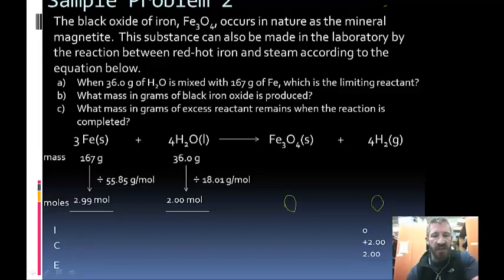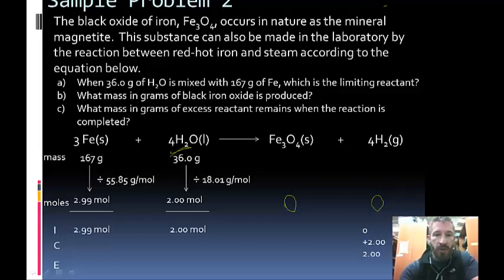Then let's fill out our RICE table at this point. The initial amount of iron is 2.99, and the initial amount of water is 2.0. What we do is use the mole ratio for both of these to the product to determine what the limiting reactant is.